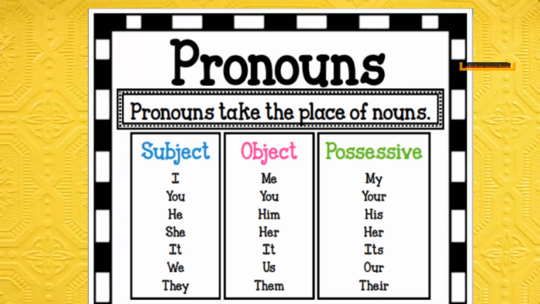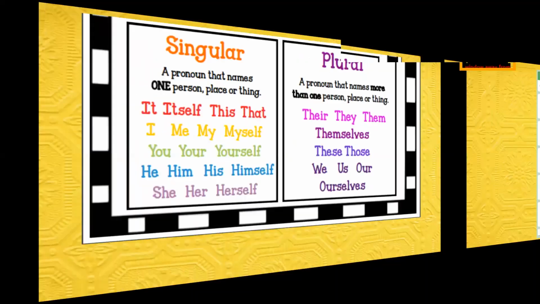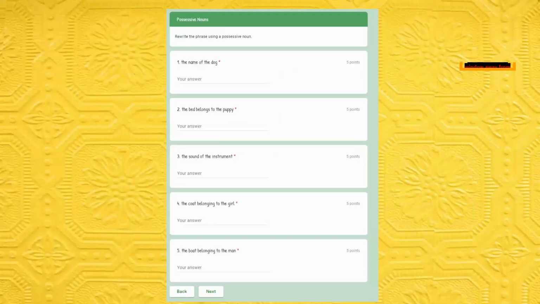And our possessive pronouns are my, your, his, her, its, our, their. So those possessive pronouns show ownership. Just a little review for you. These are singular pronouns and plural pronouns. Singular means only one. Plural means more than one. So let's look at our assignment.